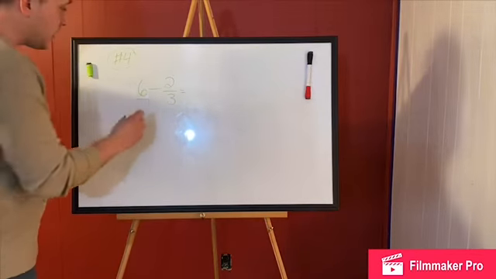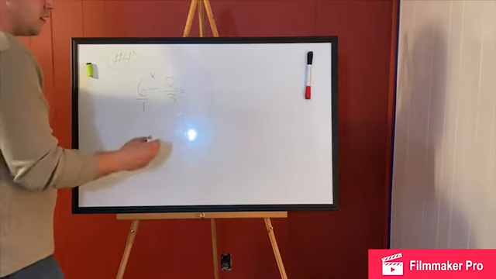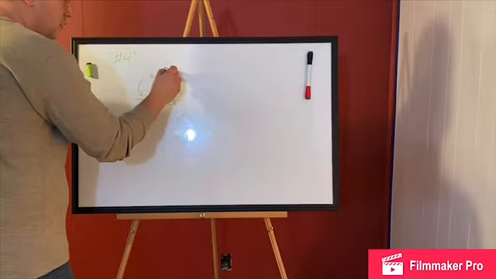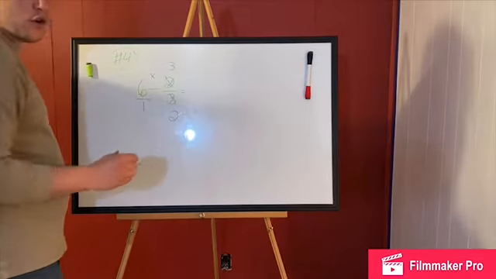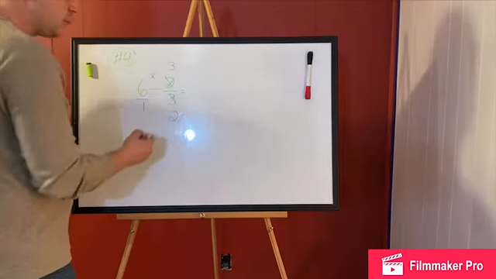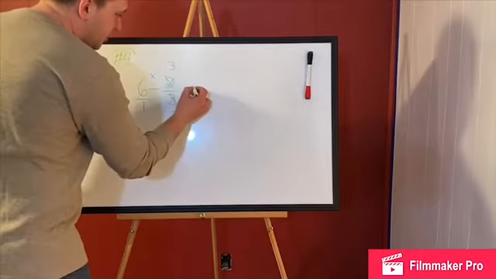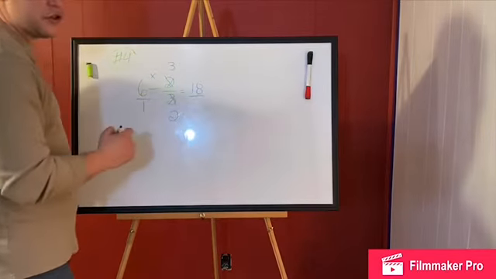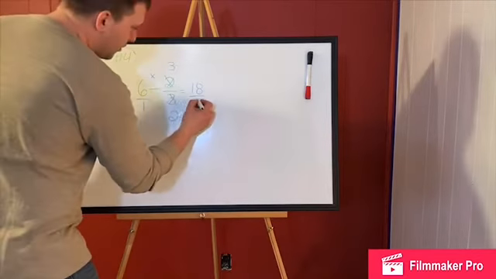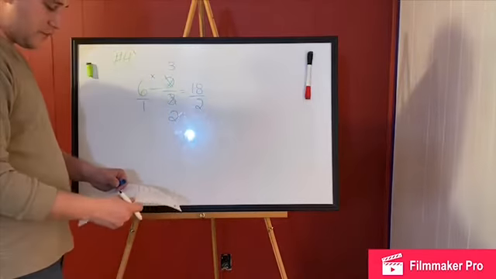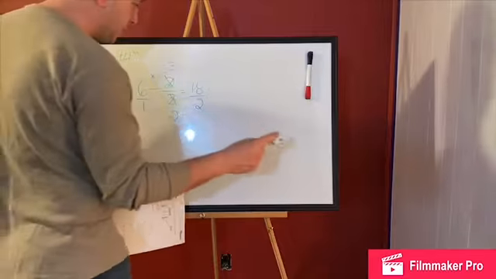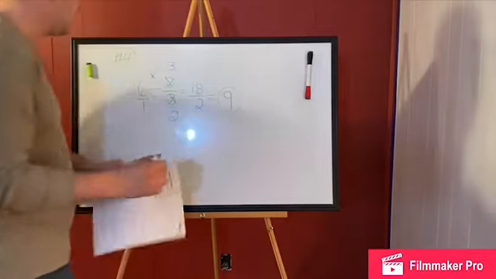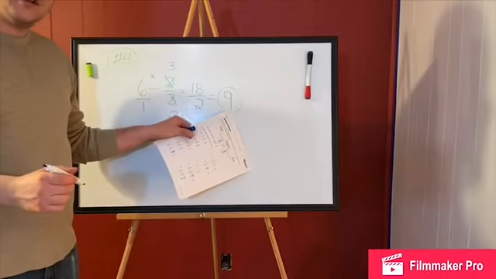Change the division sign to a multiplication sign and make this into 3/2. 6 times 3 is 18, over 1 times 2, 2. 18 divided by 2 is 9. So our answer for number 4 is 9.